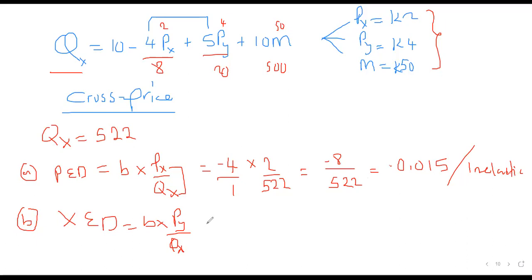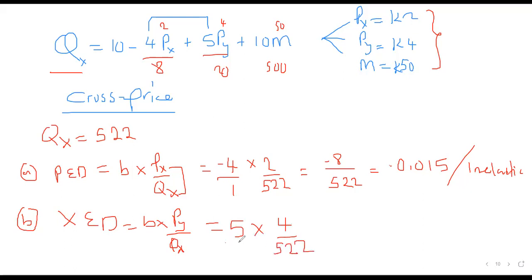So here, the gradient for the cross price elasticity is 5, positive. The price of Y is 4. The annual demand of the sales is 522.